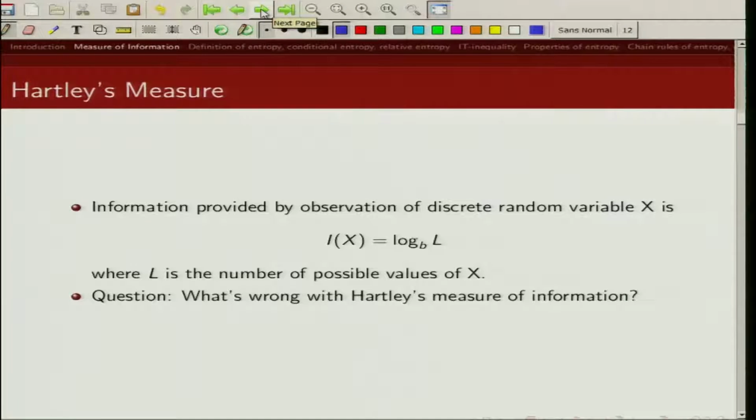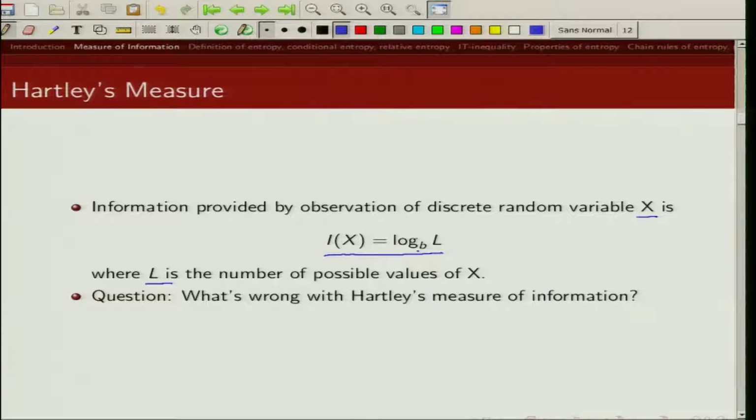So Hartley was the first person who was able to quantify information. And how did he quantify information? Hartley said that if you have a random variable x, and let's say x takes L different values, then Hartley defined the measure of information as log of L. The base B determines the units of information.